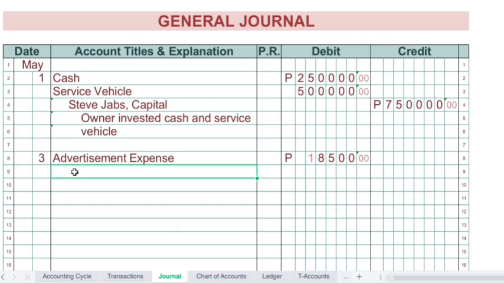And then the account that will be credited is accounts payable. So nagkaroon tayo ng utang. Okay. So accounts payable increased and liabilities increases on the credit side. So we will credit accounts payable. And then we will write the same amount here.